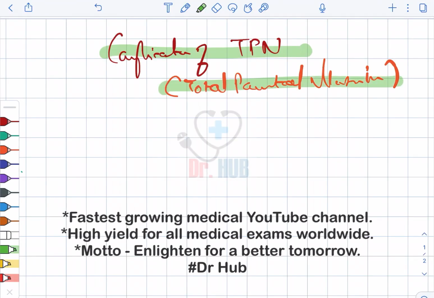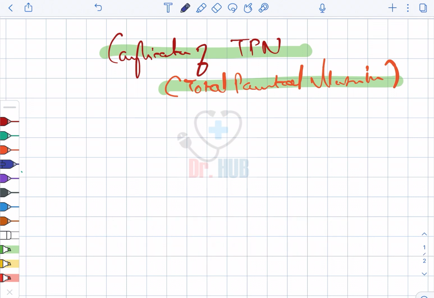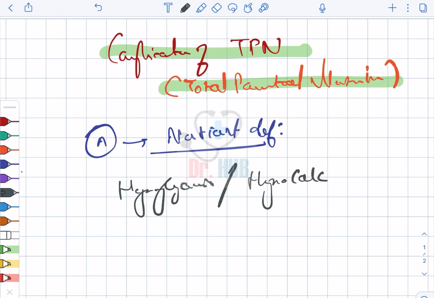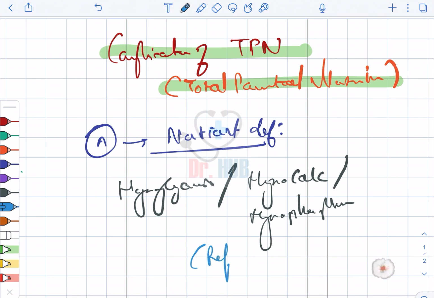Today we are looking at the complications of TPN, that is the total parenteral nutrition. Firstly, the heading would be those related to nutrient deficiency. This includes complications such as hypoglycemia, hypocalcemia, and hypophosphatemia, that is the refeeding syndrome.